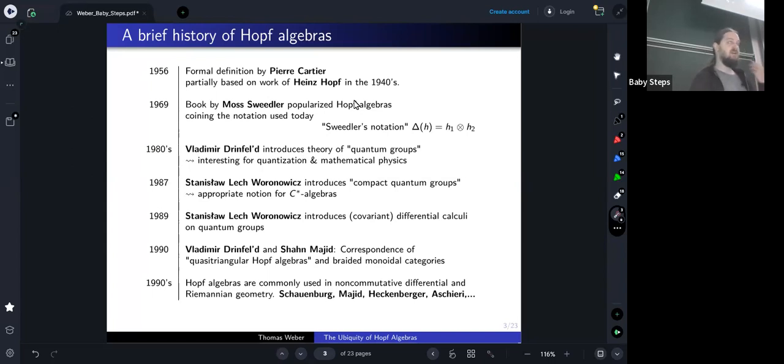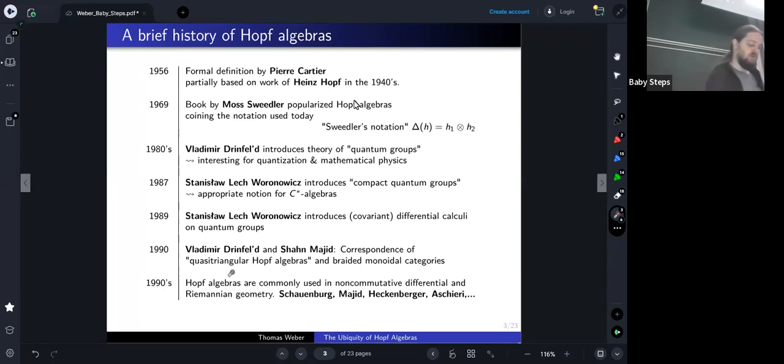They are not really Hopf algebras, but they have a dense Hopf subalgebra that you can work with. Then let me also mention that Woronowicz introduced differential calculi on quantum groups. So he not only gives, but also classifies all possible differential calculi you can build on such quantum groups.